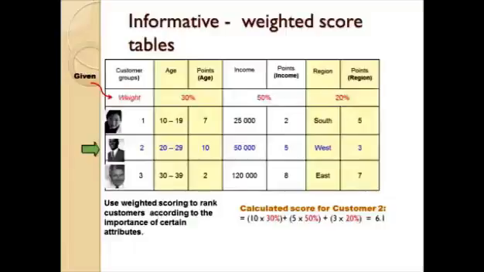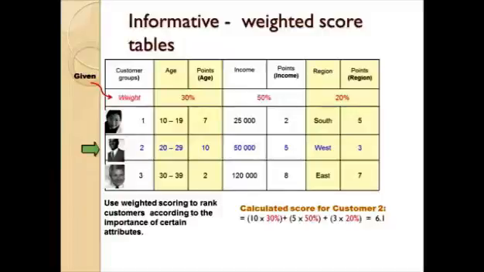A related technique, also informative, is called weighted score tables. Here, we can classify our customers based on more than one variable: based on age, income, region, and so on. For instance, we have some business rules derived from past experience or based on our target market.